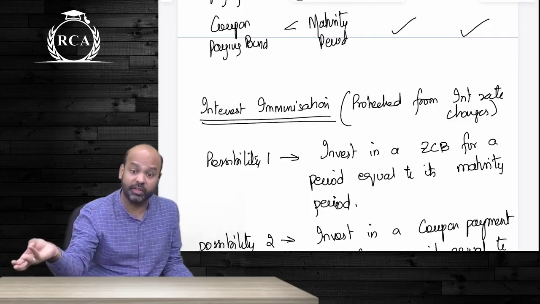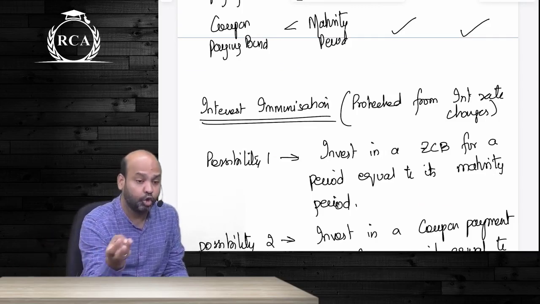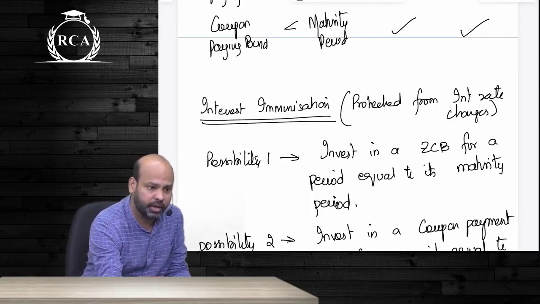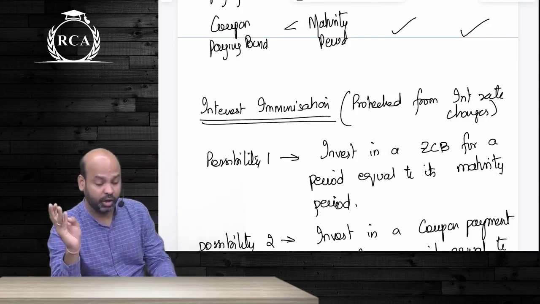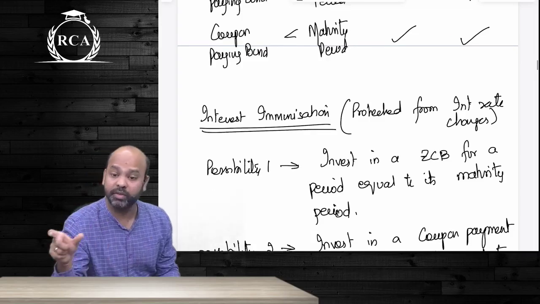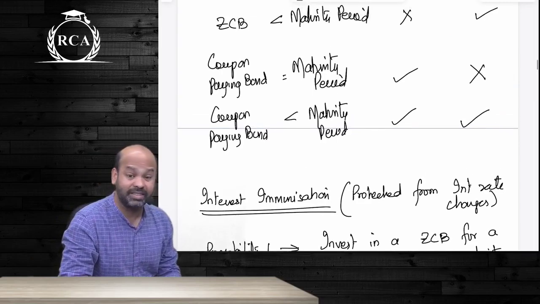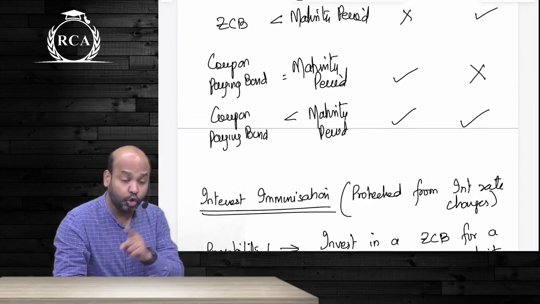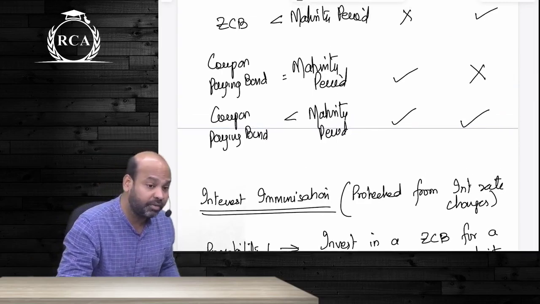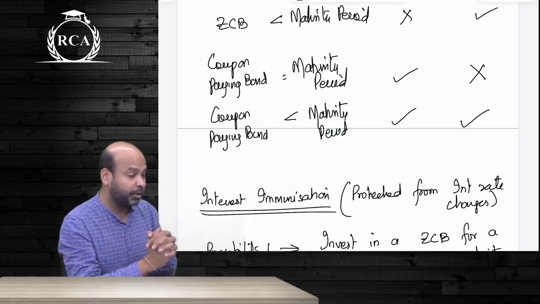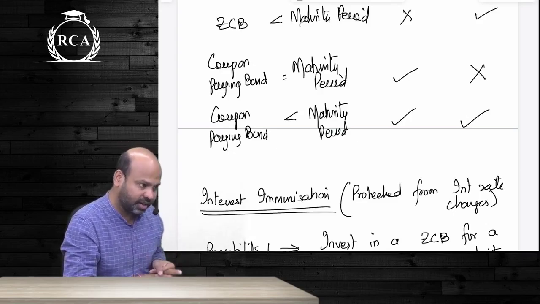To hell with what is happening in the prevailing market. You do not have to worry about reinvestment. You will effectively realize whatever return, beta, that you wanted from a security. But if you invest in a zero coupon bond for a period less than its maturity, you do not have reinvestment risk, but you still have price risk. You will not be able to protect yourself against price risk.